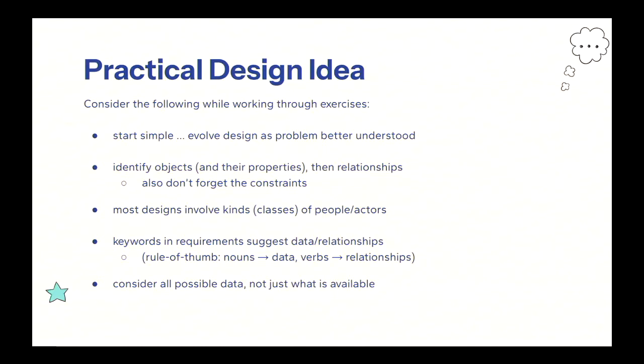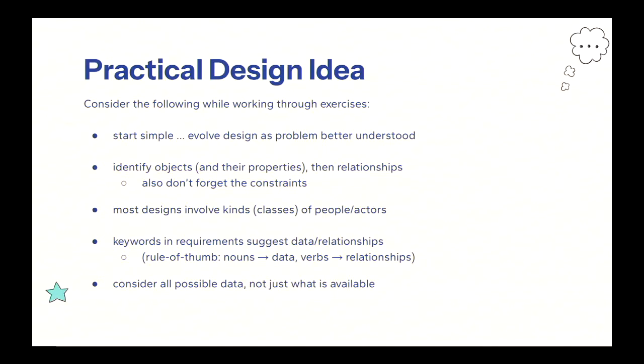The second thing here is, normally when we do a design, we identify objects and their properties first, and then we look into the relationships between the objects or entities, and after that we consider and think about the constraints of the objects and relations. And the third point here is most designs involve different classes of people or actors.